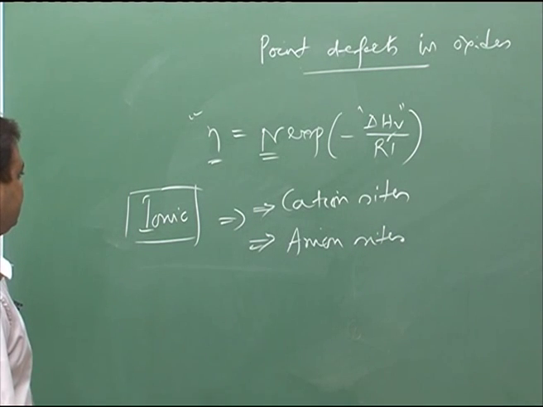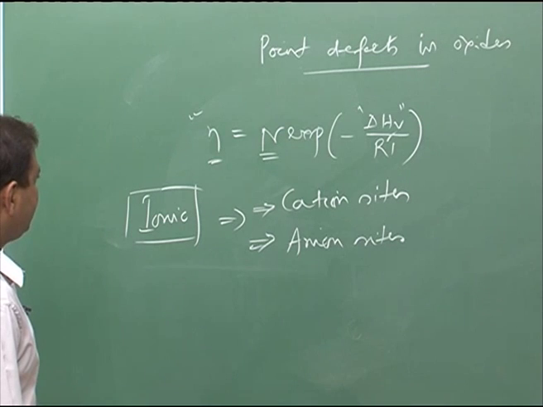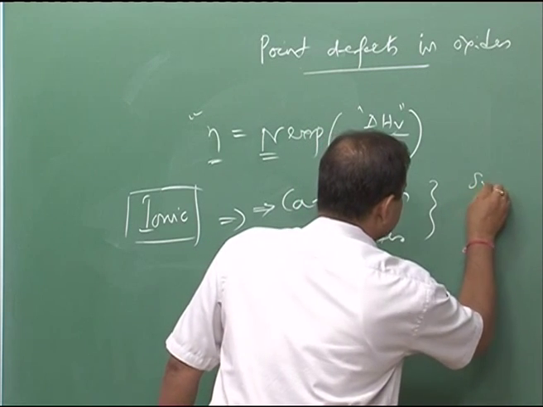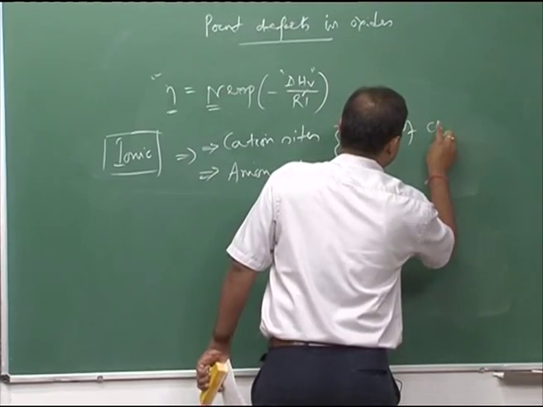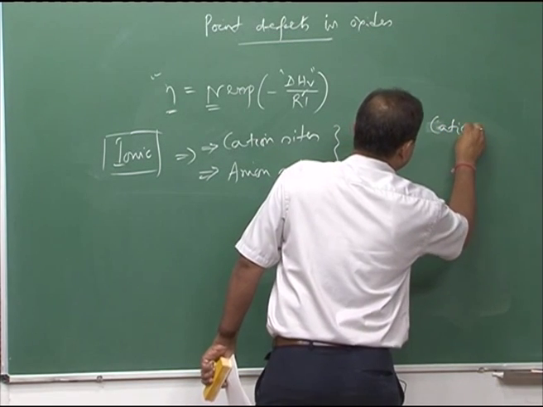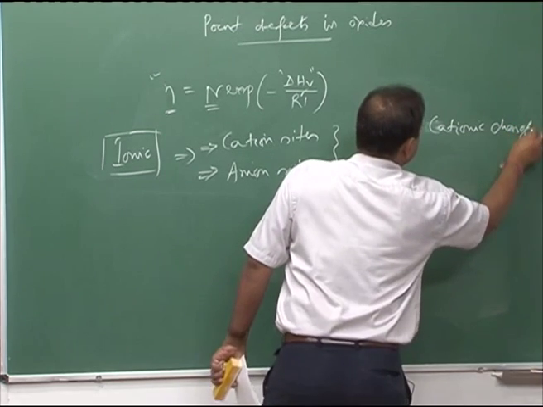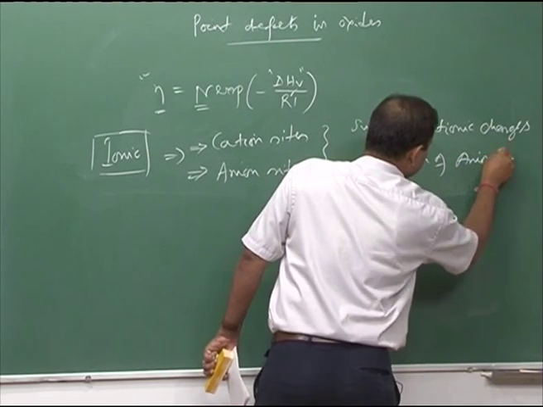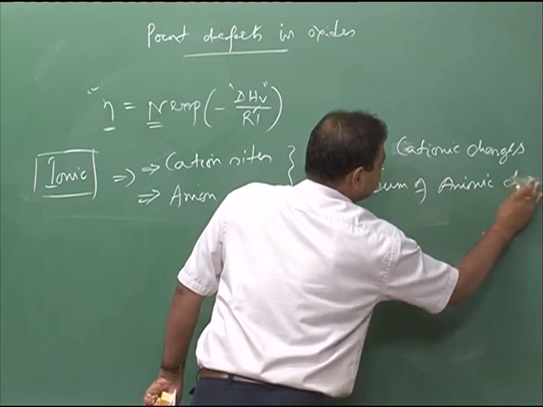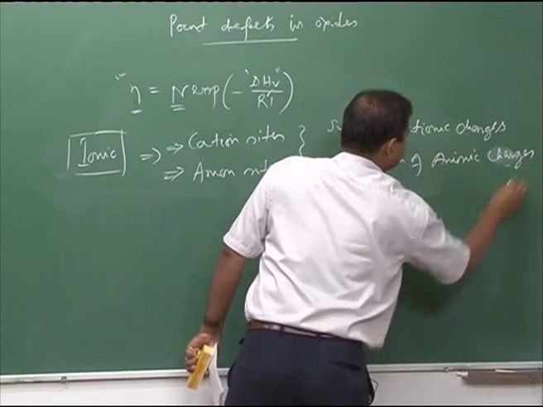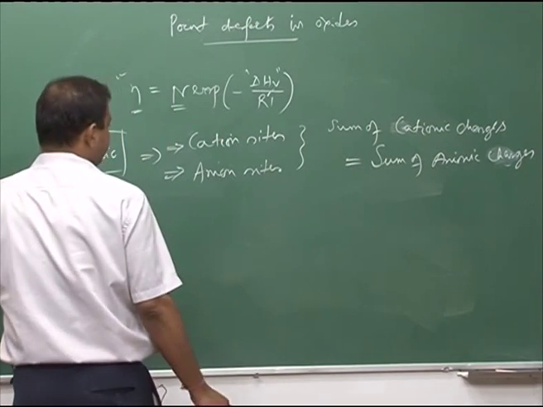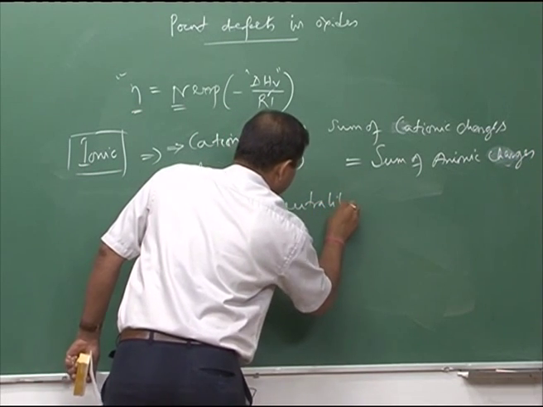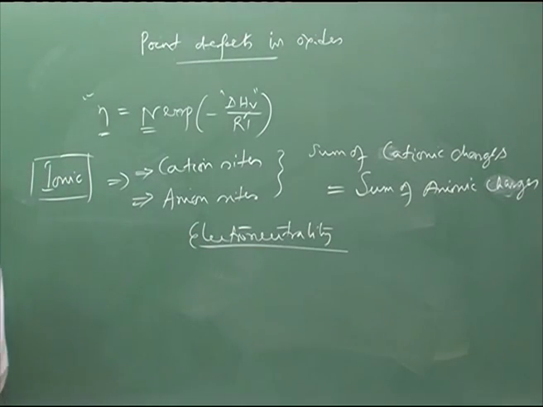But one particular consideration in the case of ionic oxide is that we always see that the sum of cationic charges would be equal to the sum of anionic charges, and of course it will maintain electroneutrality. So, the electroneutrality would be maintained.